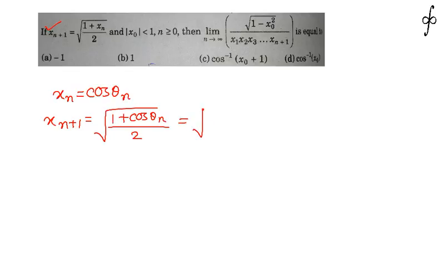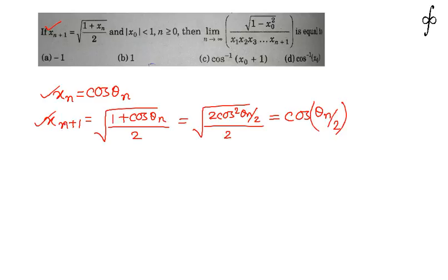So naturally it is going to be root over 2 cos squared (theta_n/2) divided by 2. So it will come out to be cos (theta_n/2). So on assuming x_n as cos theta_n, we are getting x_{n+1} to be cos (theta_n/2).